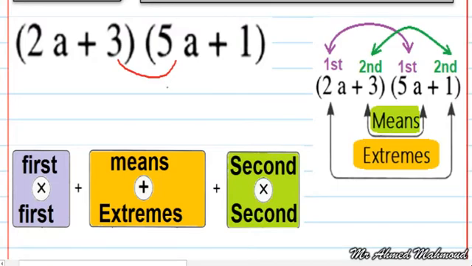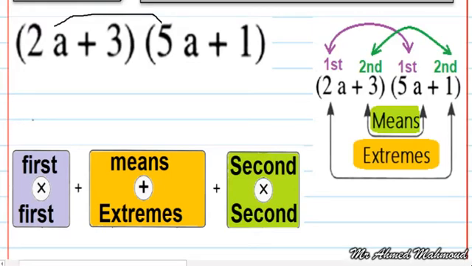Okay, let's follow the rule to multiply the previous example step by step with me. Okay, first I'm going to multiply the first term by the first term, 5a times 2a.